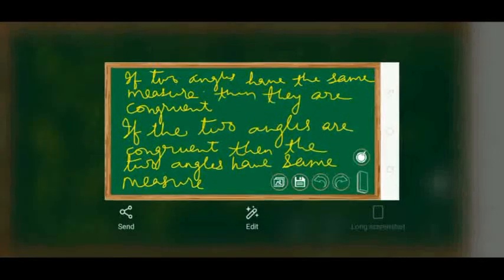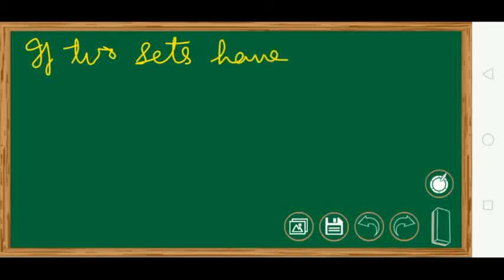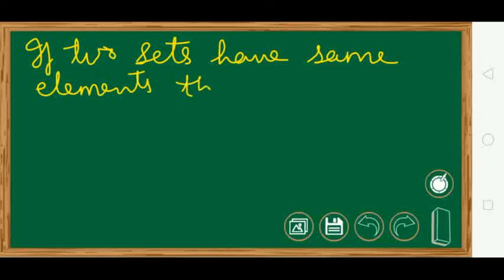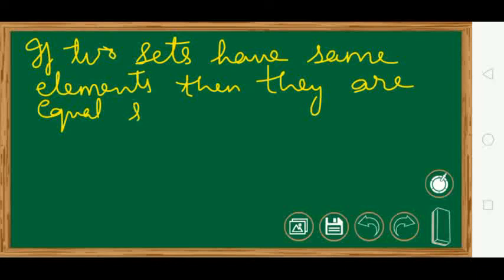Next. If two sets have the same elements, then they are equal sets. So what is there in if? If two sets have the same elements, then they are equal sets.